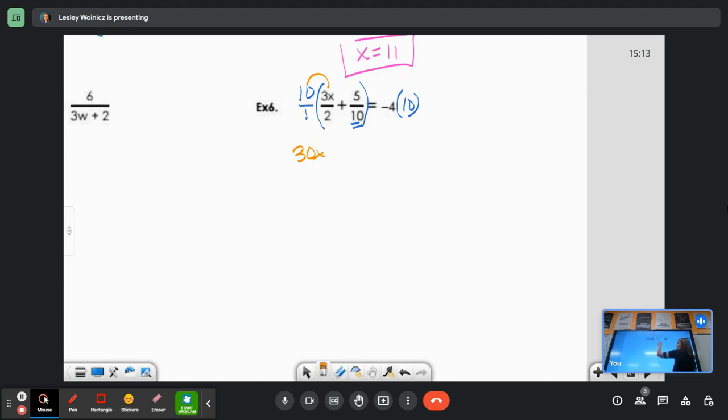And we go to the bottom, 1 times 2 in the denominator, 2. Bring down the plus. 10 times 5, 50. 1 times 10, 10. That equals negative 40.